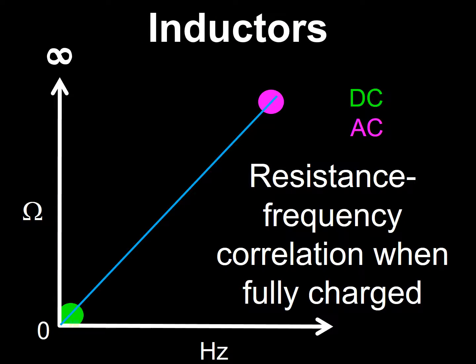Inductors allow passage of direct current when fully charged. Direct current has zero frequency and thus is subject to zero resistance, as we said before. If the frequency of the current is increased, so is the resistance, because as the frequency of the current increases, the resistance also increases.